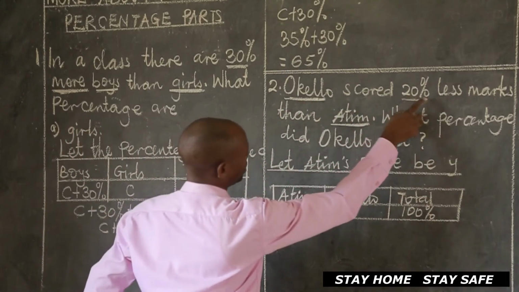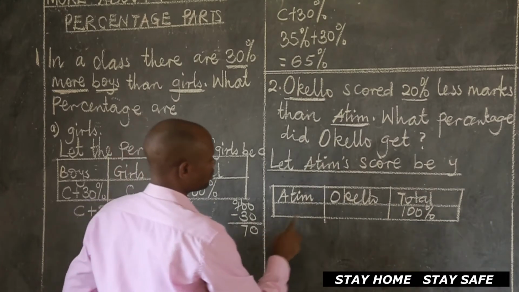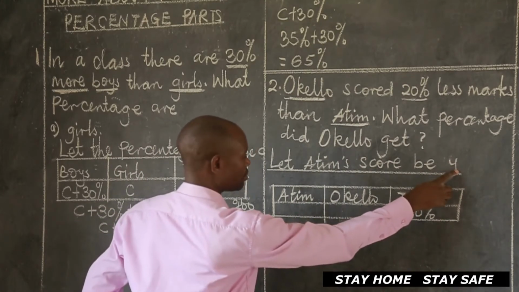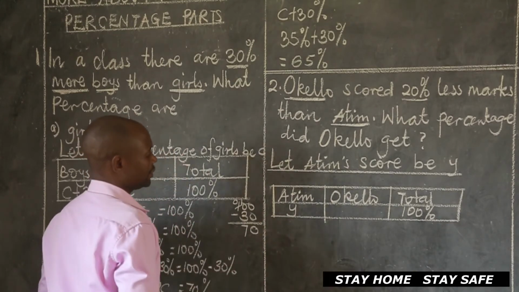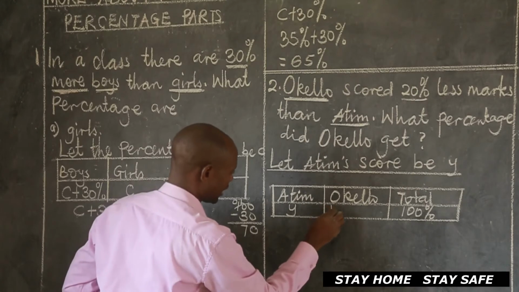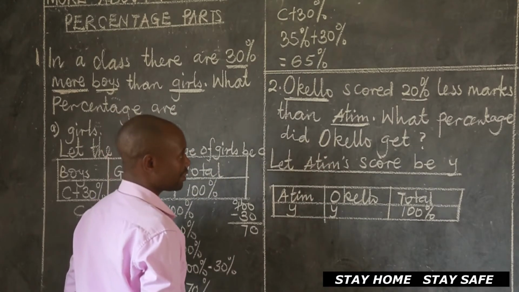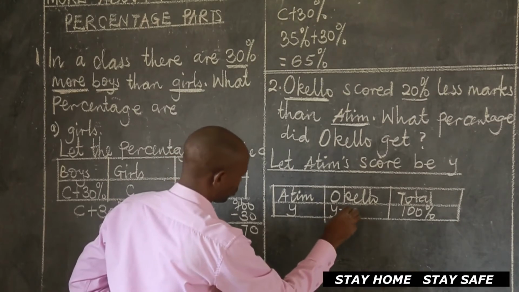Okero scored 20% less marks than a team. So for a team, we don't know, but we have already assumed it to be Y. So a team is Y. So to get Okero's score, we get a team's score less, you subtract, minus 20%.